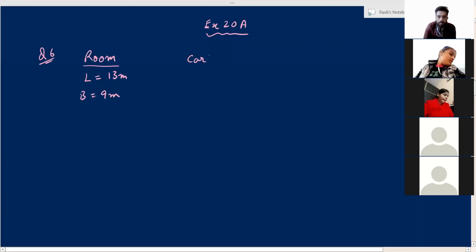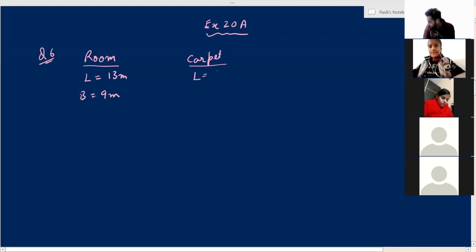We have to carpet the room. The length of the carpet is not given. Breadth of the carpet is 75 centimeters.